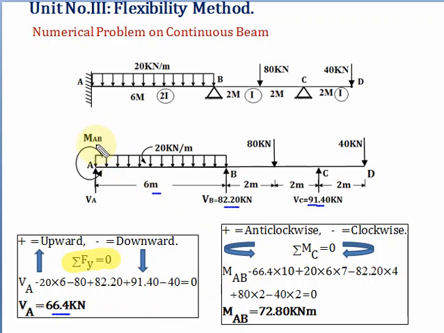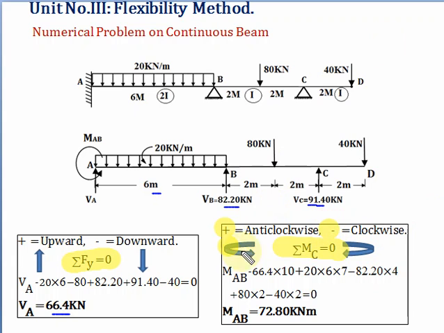Now the next step is to find the moment in member AB. The moment in member AB is calculated by taking the moment at C equal to 0, applying the second equilibrium equation, summation of moment equal to 0. Here we consider anti-clockwise as positive and clockwise as negative.